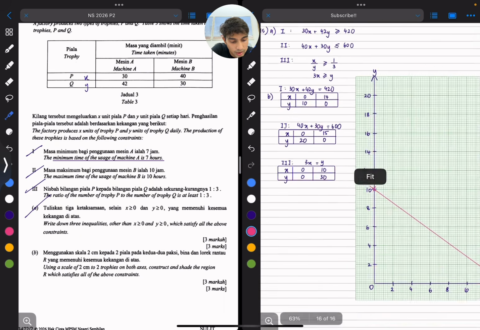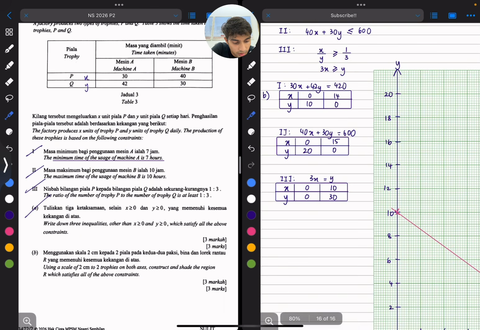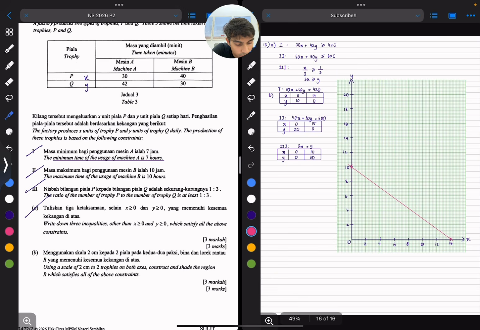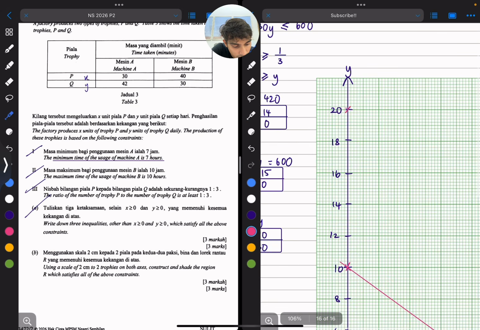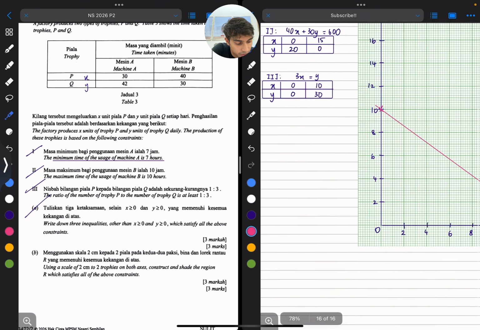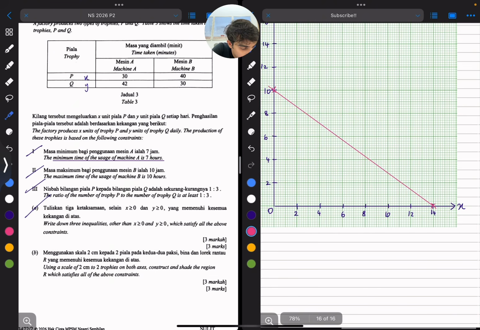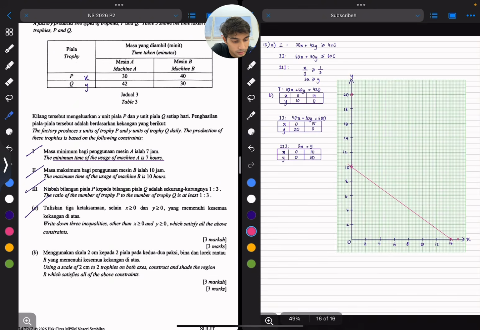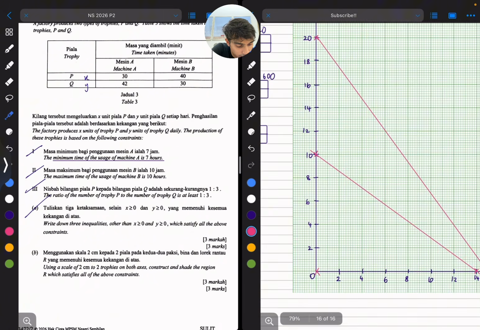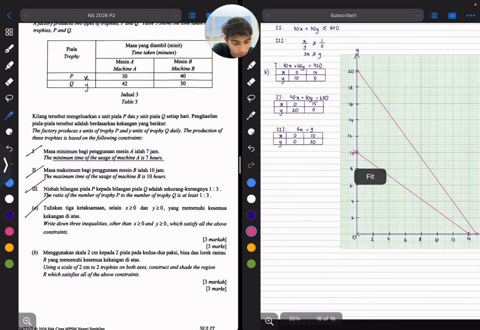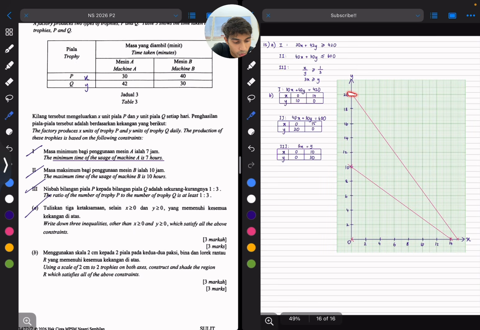And then the next one, 0, 20 and 15, 0. So when x is 0, y is 20. When y is 0, x is 15. 15 will be somewhere here. Then the third one, x 0, y 0, and x 10, y 30. Oh, x 10, y 30 cannot, because y is up to 20 only.